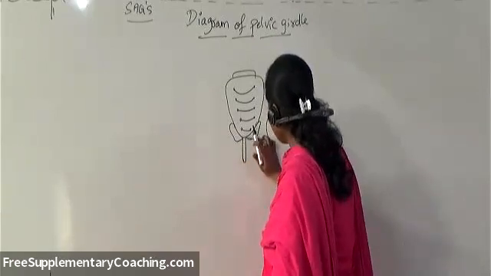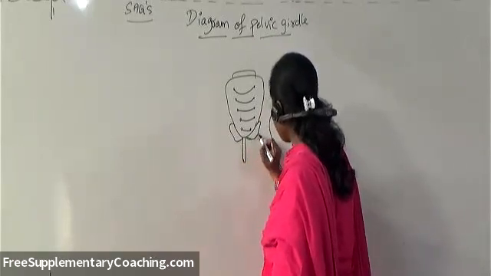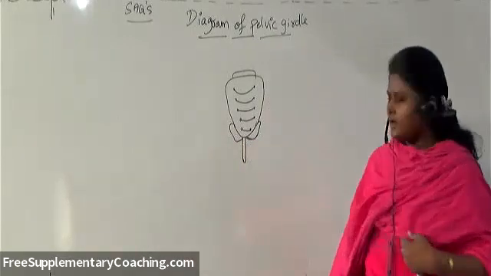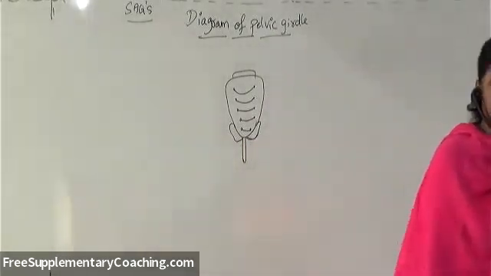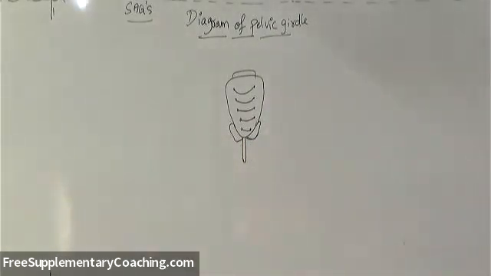First you can draw the structure like this, and after that, you can show the ilium and ischium portions.